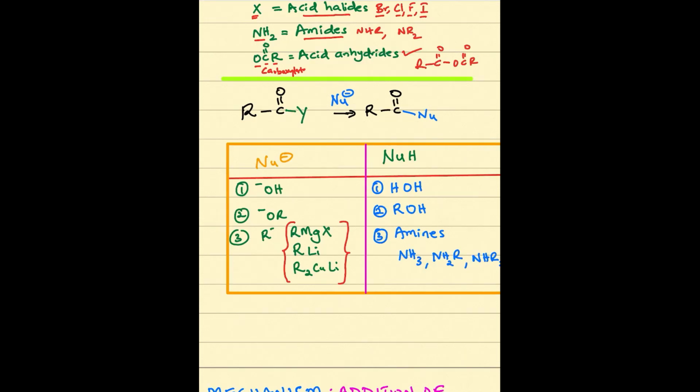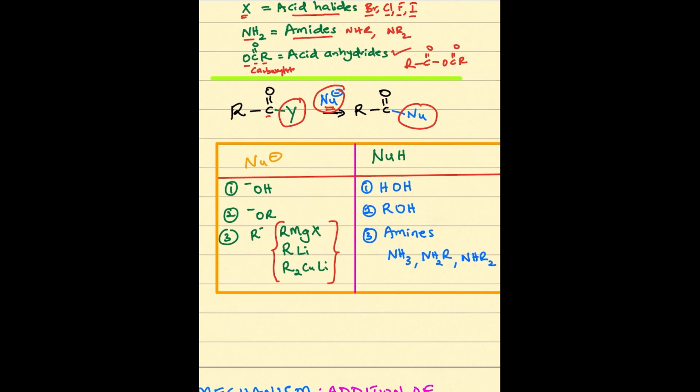The nucleophilic reaction involves addition of the nucleophile to the carbonyl. So basically you get a substitution. The Y group is substituted by the nucleophile, and now you end up with the nucleophile occupying the same position that the Y group was occupying. And I will give another presentation on the mechanism of this reaction.